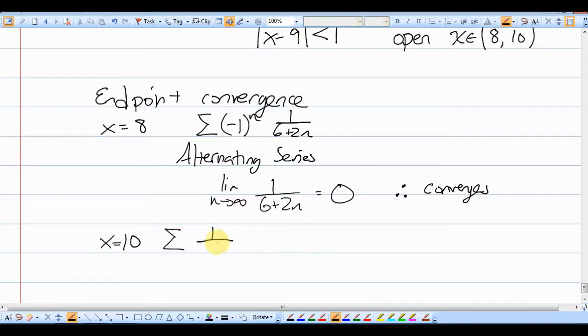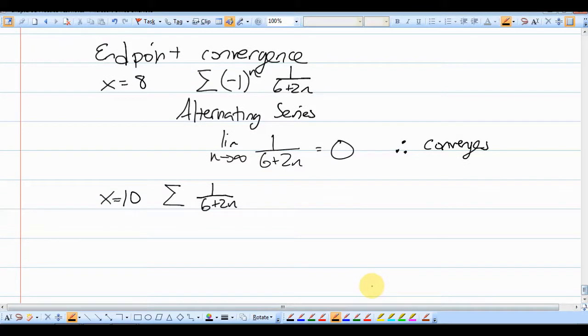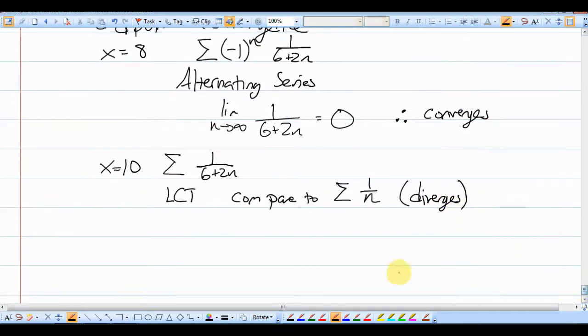Your series becomes 1 over 6 plus 2n, which is not alternating, nor is it a p-series. So we're going to use LCT, because it's close to a p-series. Compare to 1 over n, which diverges. We do the limit as n approaches infinity of 1 over 6 plus 2n over 1 over n.